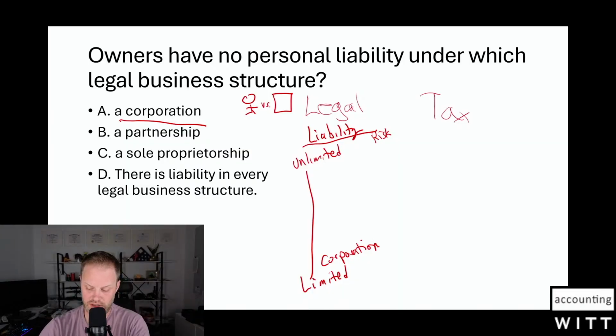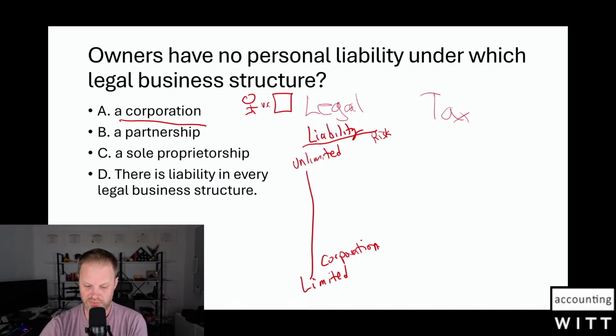Your liability is limited to, well, you always have some liability. I don't know if this is trying to, because if you do something negligent or illegal, then you have liability. But in terms of the definition of these things, a corporation has limited liability.